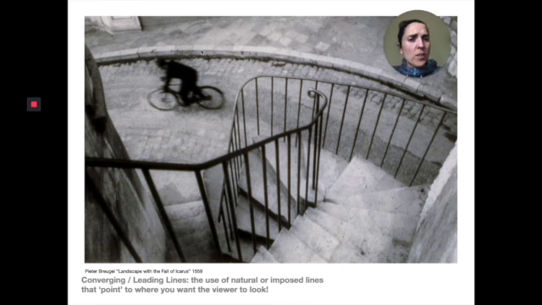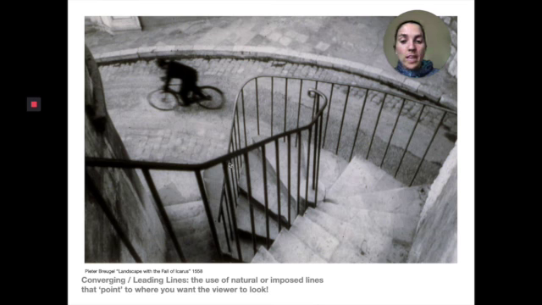So we could argue that it's contrast, but another technique that's being demonstrated here is lines that lead to the focal point. So if we look at the line of this railing, it directs our attention right to this cyclist, as well as this kind of cobblestone curb brings our eye to the cyclist.